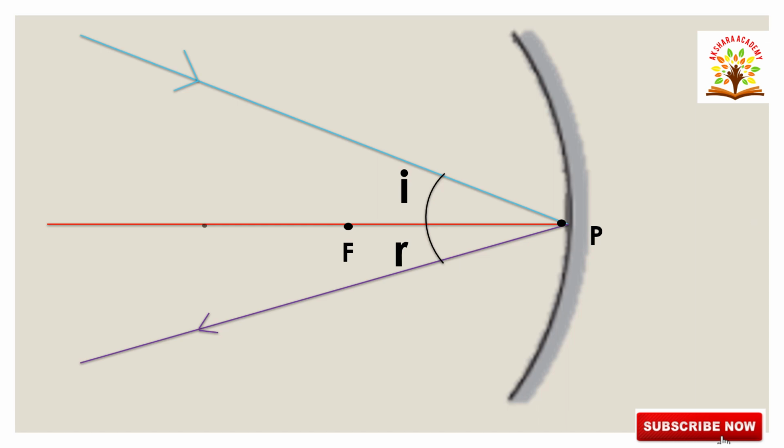Next, in the case of a convex mirror. This is the representation of the convex mirror, this is the principal axis, and this is the pole, letter P. Then the incident ray and its direction, with arrow marks indicating the direction.